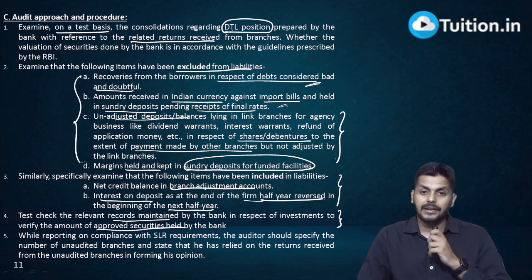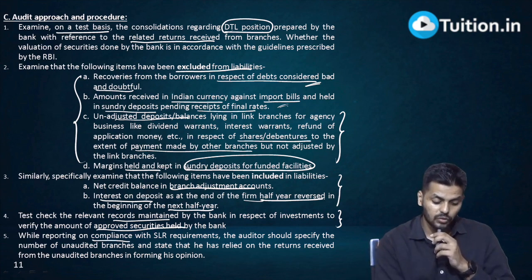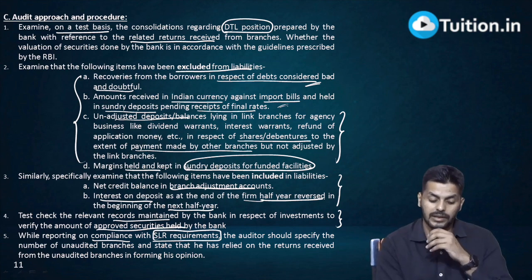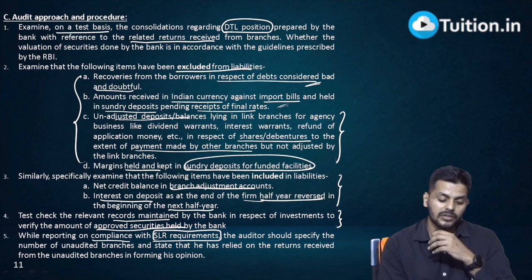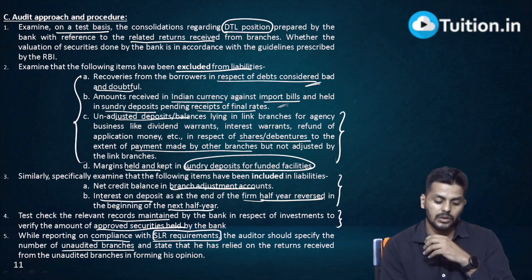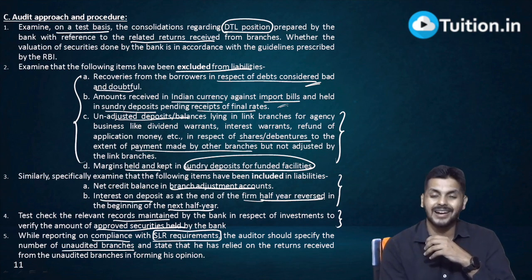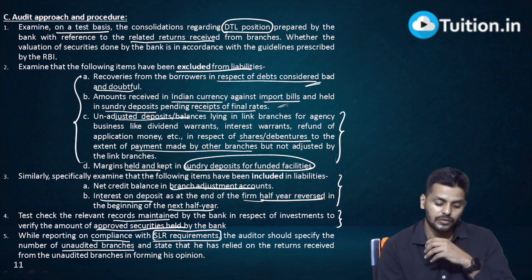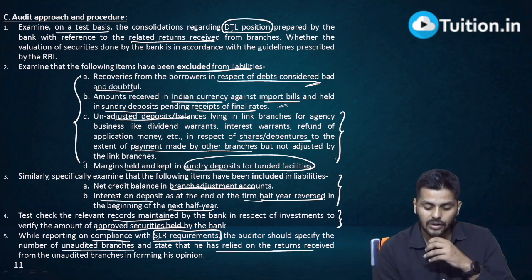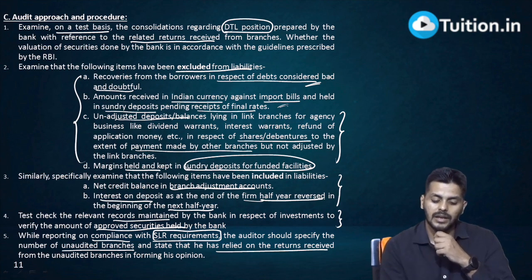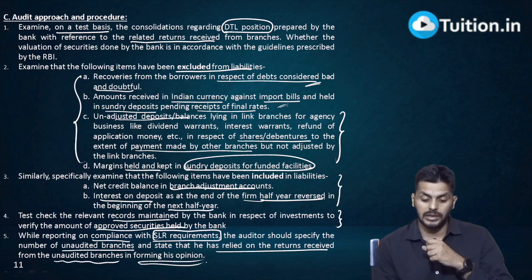While reporting on compliance with SLR requirements, the auditor should specify the number of unaudited branches and state that he has relied on returns received from the unaudited branches in forming his opinion.